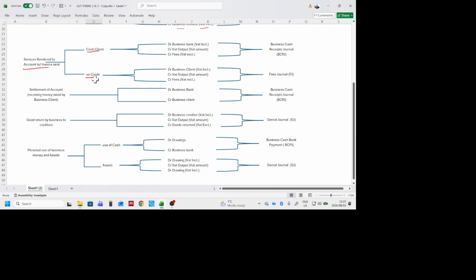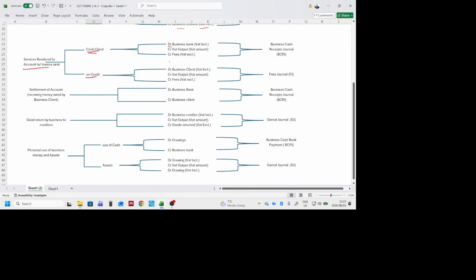So let's start first with the cash customer. With the cash customer, after rendering a service, whether it's a consultation, the business will debit bank to indicate the money that is received from these cash customers, and this amount will be the VAT inclusive amount.